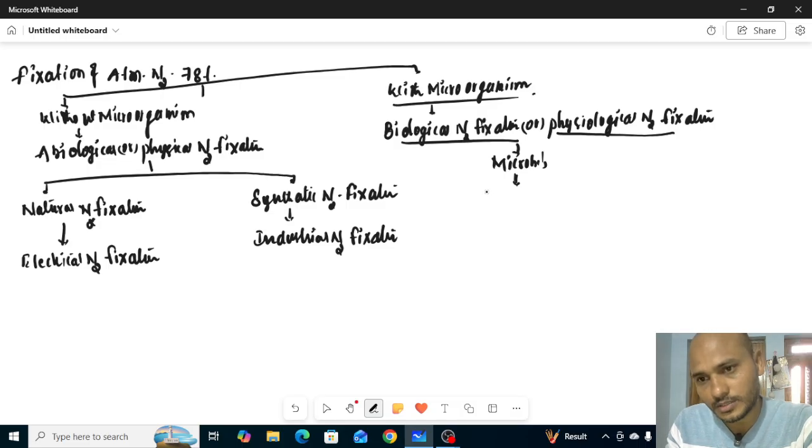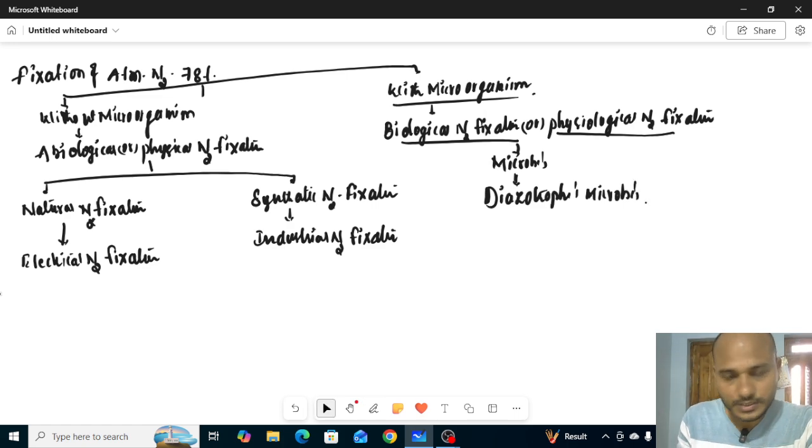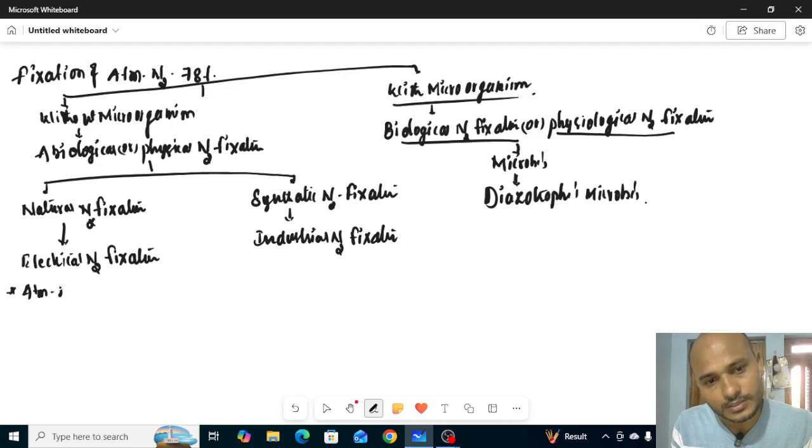First we discuss how electrical nitrogen fixation occurs. In the electrical nitrogen fixation process, atmospheric nitrogen combines with atmospheric oxygen in the presence of ultraviolet UV rays during thunderstorms, forming 2 molecules of nitrogen oxide.